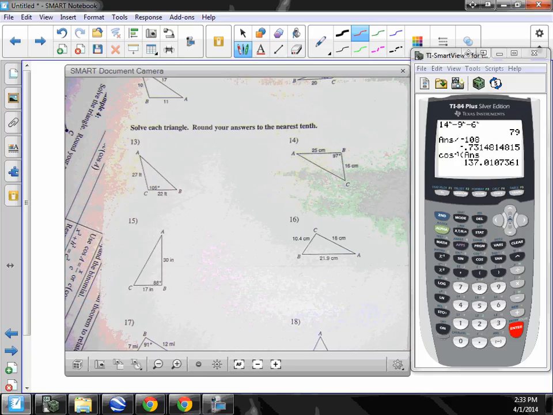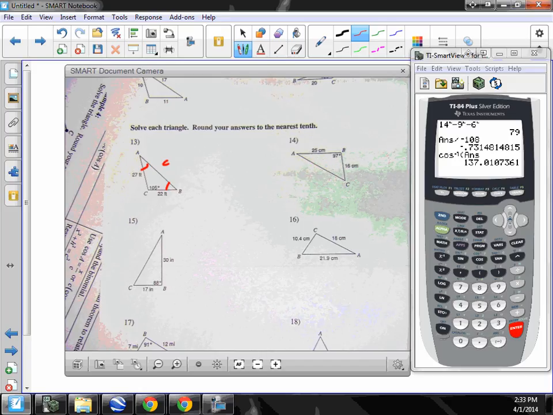It's actually pretty easy to find little c using the law of cosines. The law of cosines works really well for side angle side. So if you want to use law of cosines there, you plug it in, you take the square root, and you're done. But would you use the law of cosines to find A or B? No, not unless you absolutely have to.